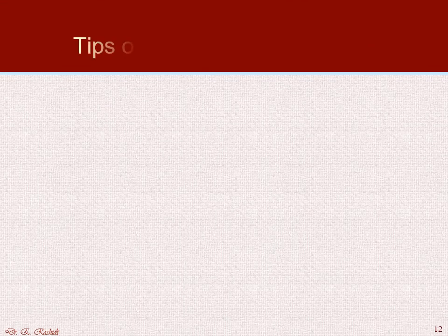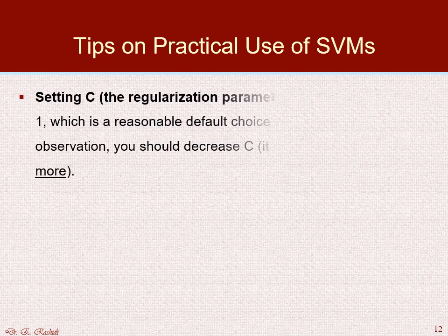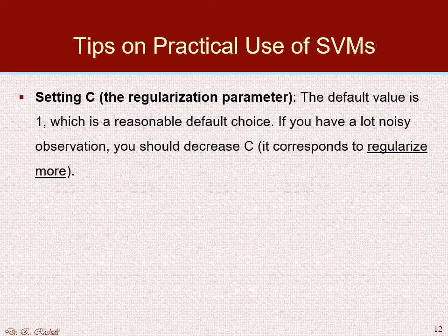Tips on practical use of SVMs. Setting the parameter C, which is the regularization parameter. The default value for C is 1, which is a reasonable default choice. If you have a lot of noisy observations, you should decrease C. What it means is if you have a training data set that has a high variance, it varies a lot, to avoid overfitting your model into your training data set, you need to have more regularization.